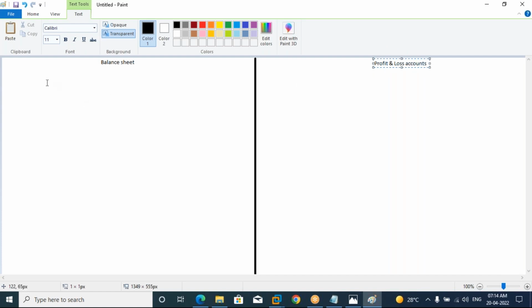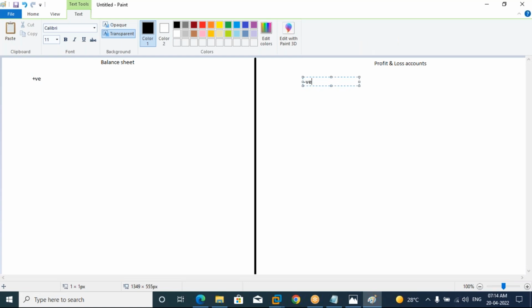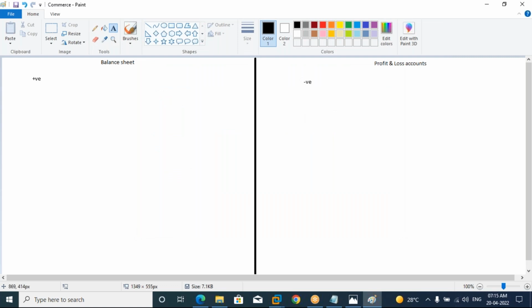If you enter positive here, it should be entered negative there so that the total amount should be 0. Understood? If you enter positive here, it should be entered negative here.